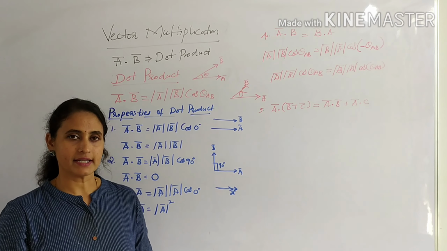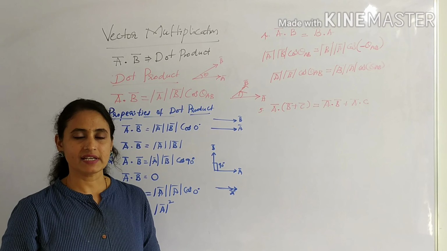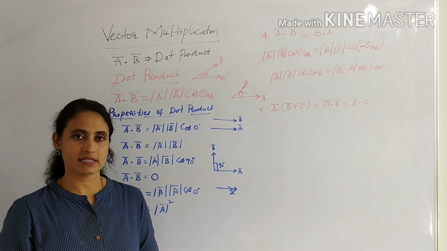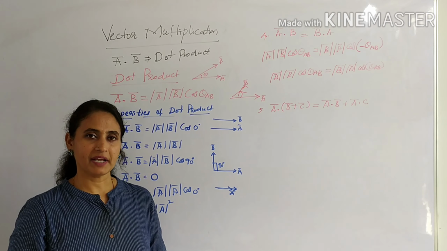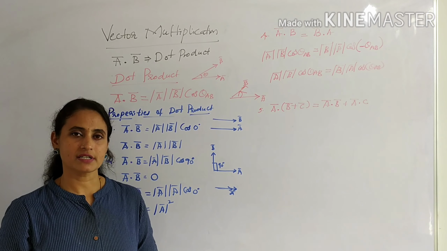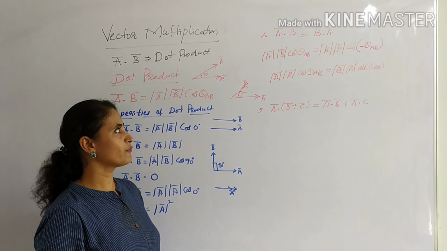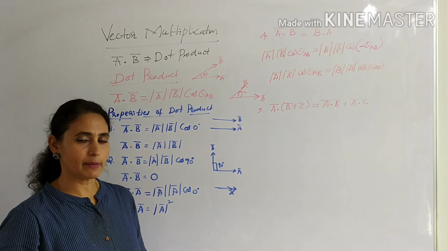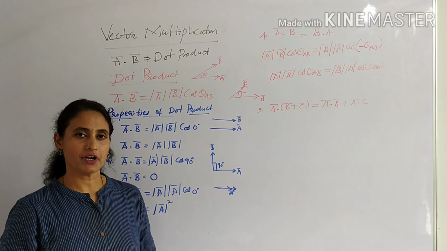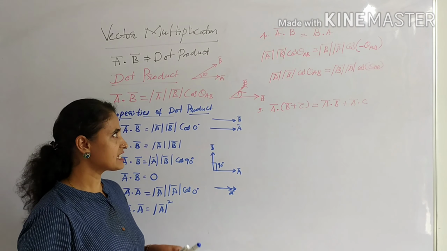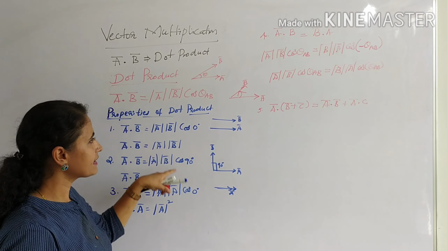Then we moved on to the spherical coordinate system, whose coordinates are R, theta and phi, and we obtained the differential length, differential surface and differential volume in the spherical coordinate system. Then we moved on to vector multiplication. There are two types of vector multiplication, dot product and cross product, and the dot product of two vectors is defined in this field, along with these properties.